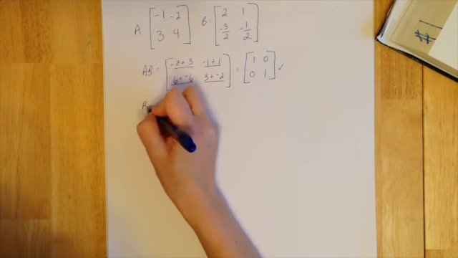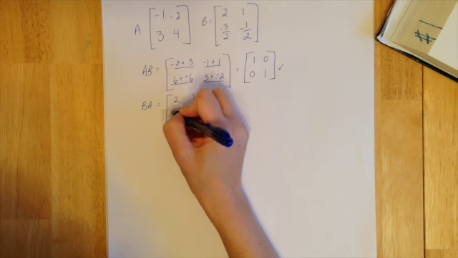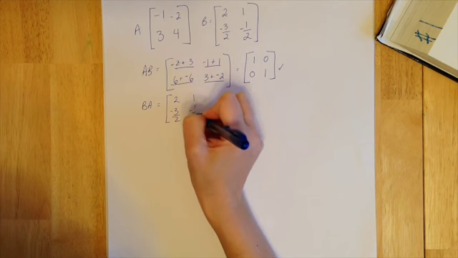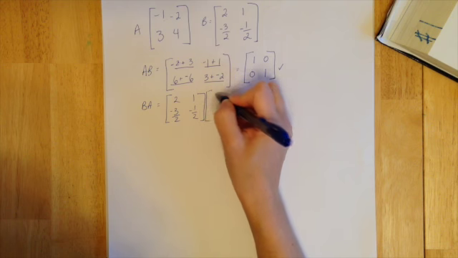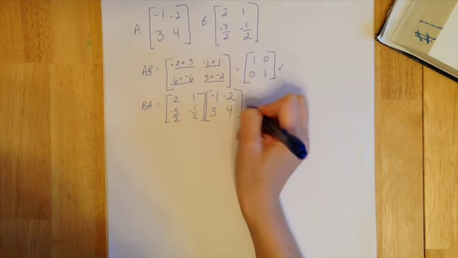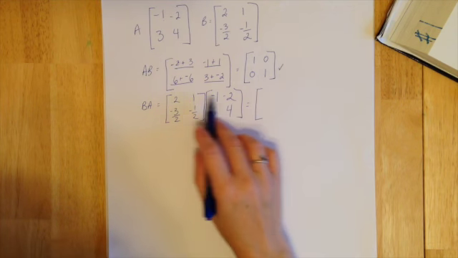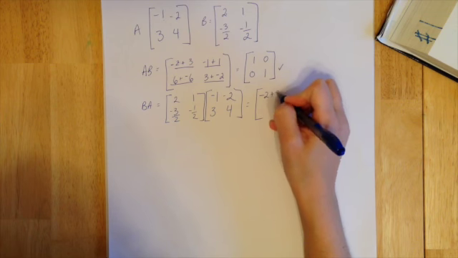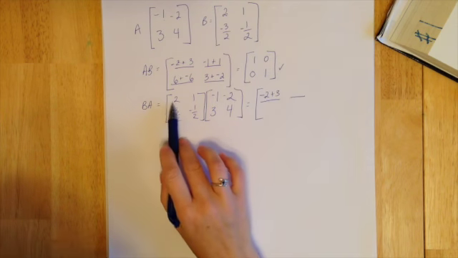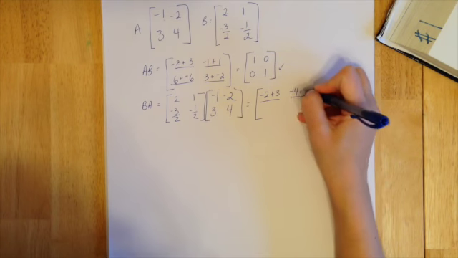Okay, check. Let's check BA. So that's when we take 2, 1, negative 3 halves, negative 1 half, and multiply it by the negative 1, 2, 3, 4. So first row, first column, we get negative 2 plus the 3. First row, second column, we get negative 4 plus 4.